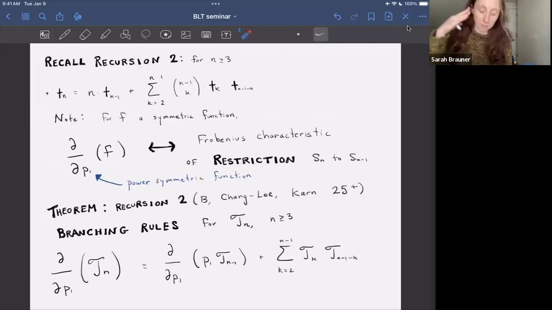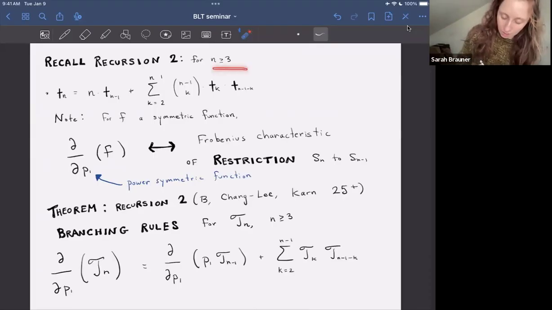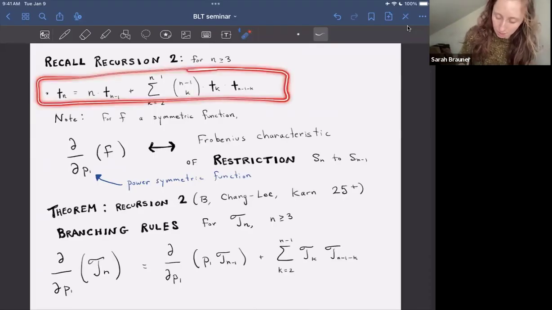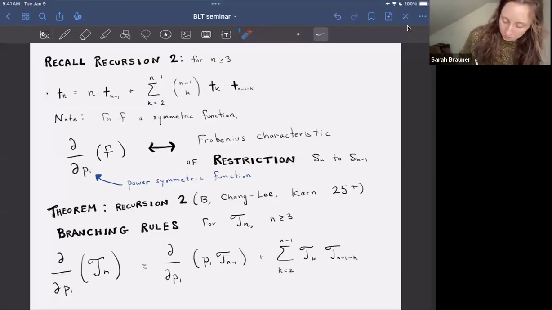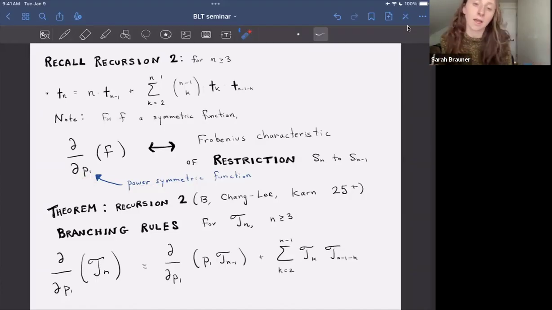Okay, and then the second recursion, which looked like this, it turns out this actually governs what are called the branching or restriction rules for this Varchenko-Gelfand ring. So if f is a symmetric function, one thing I can do to it is take its partial derivative with respect to p1, which is a power symmetric function.